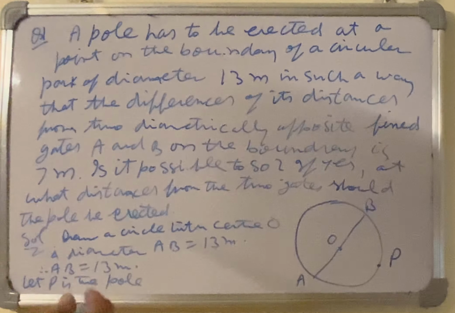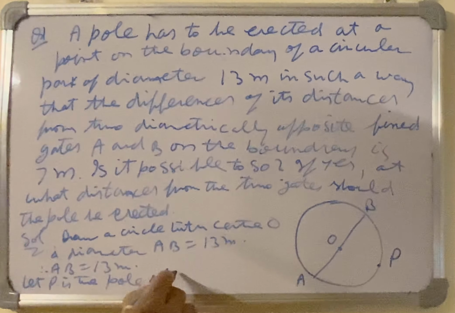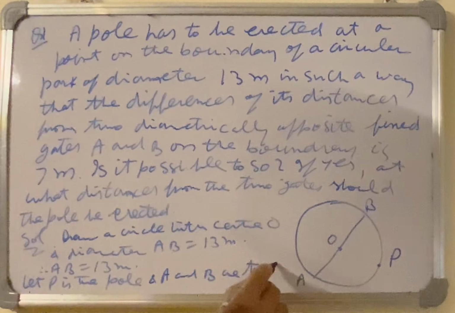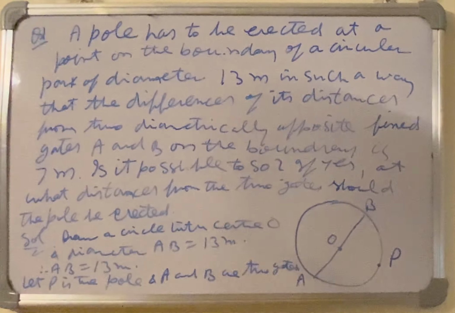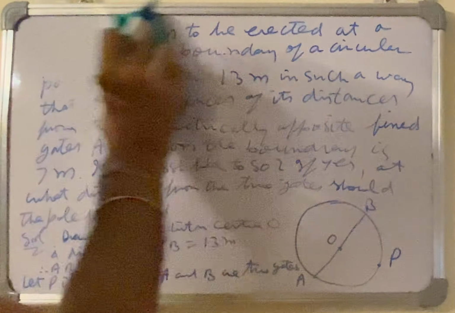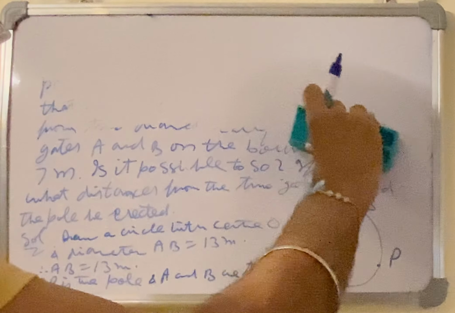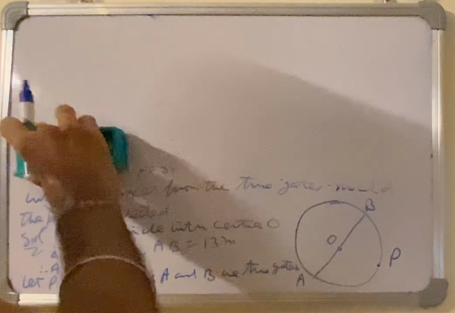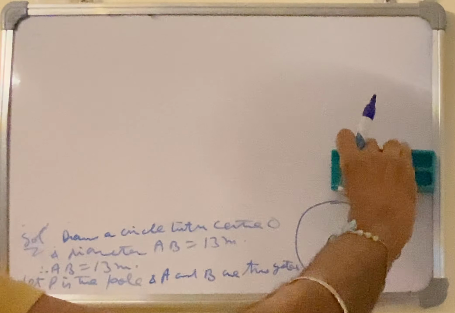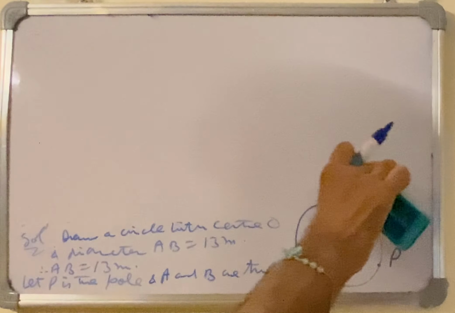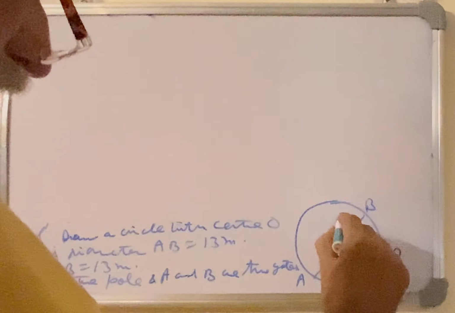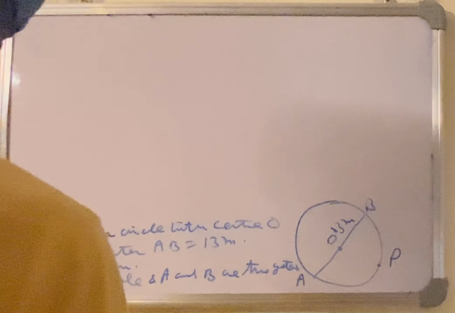A and B are two gates. Let P be the pole. This is the 13 meter diameter.